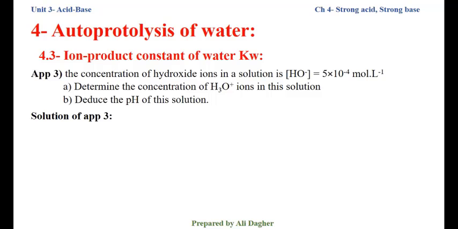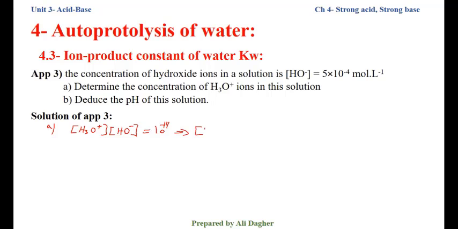Solution of application 3, part A. We are given the concentration of HO-. We have the relation concentration of H3O+ times concentration of HO- equals Kw, which equals 10 negative 14 at 25 degrees. Our study is restricted to 25 degrees. Then we can say H3O+ times HO- equals 10 negative 14.